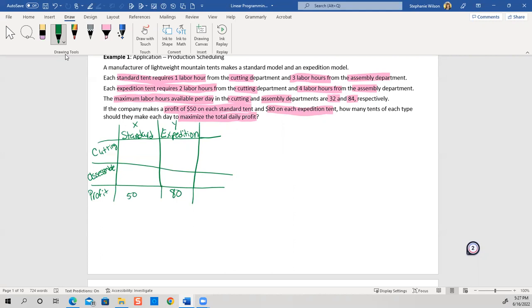Now let's go back to the second sentence here. It says a standard tent's labor hours for cutting is 1. It says standard tent's labor hours for assembly is 3.